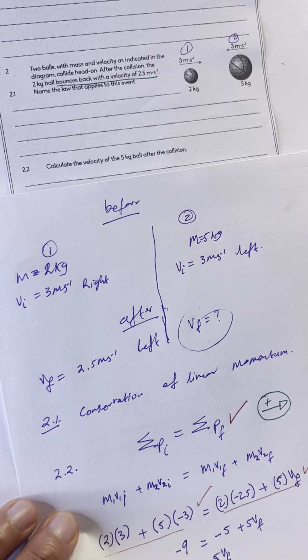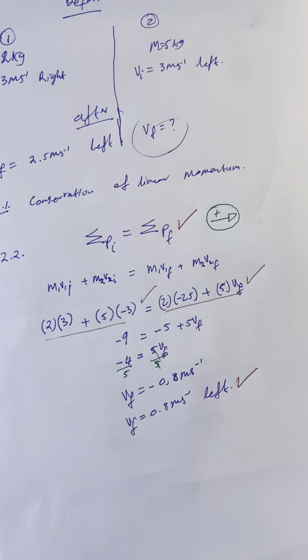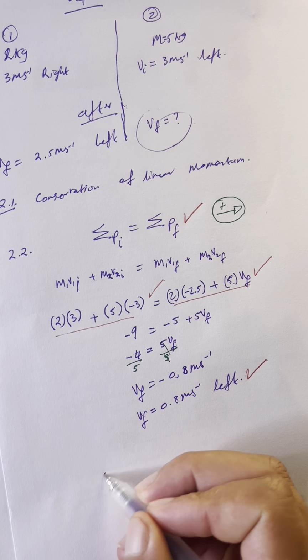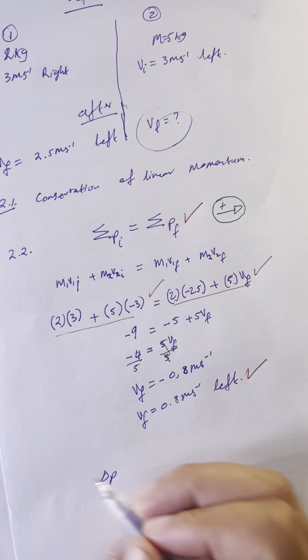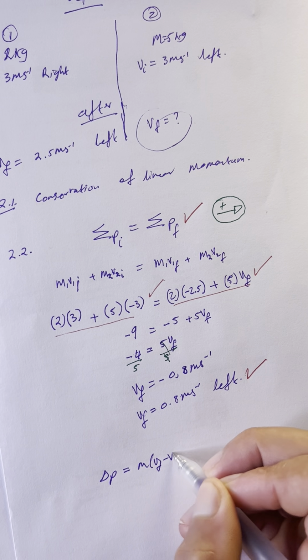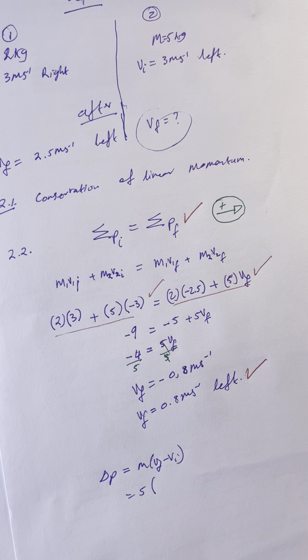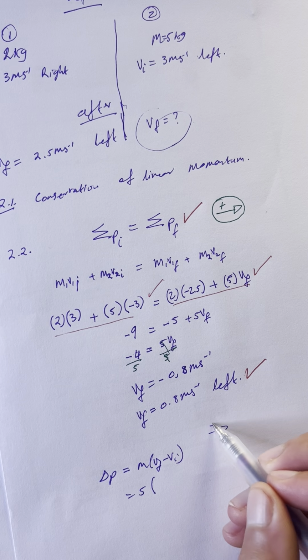It's what we're calculating, and we found it to be 0.8 meters per second. So let's summarize it here. Change in momentum equals m times final velocity minus initial velocity, and this is 5 kilograms. Let's continue taking to the right as positive.